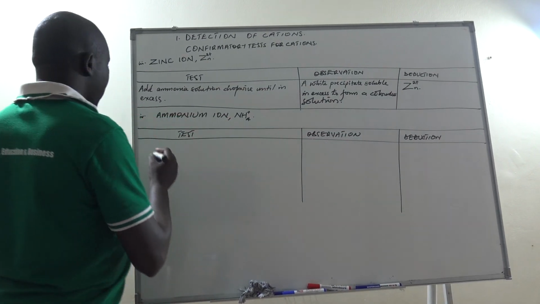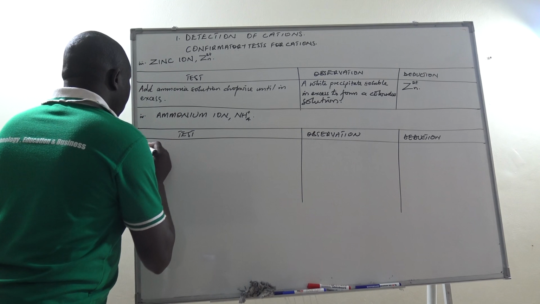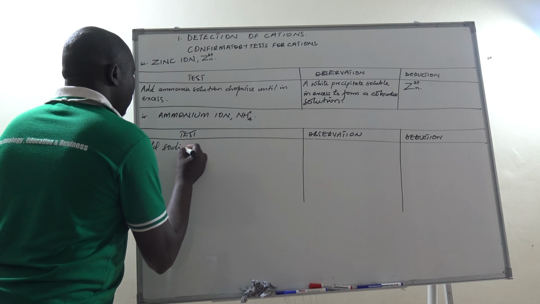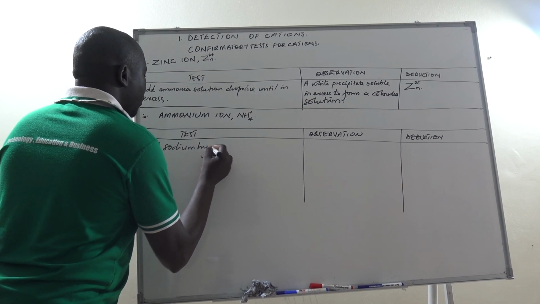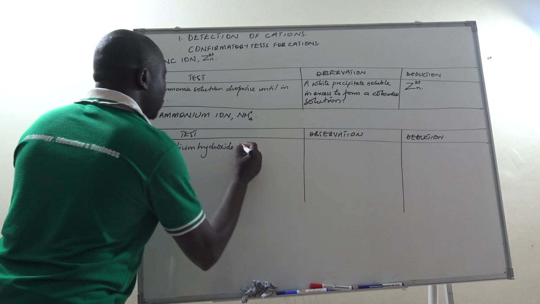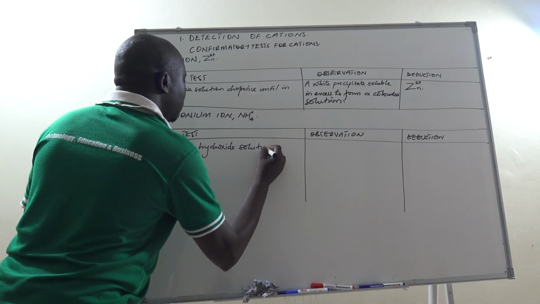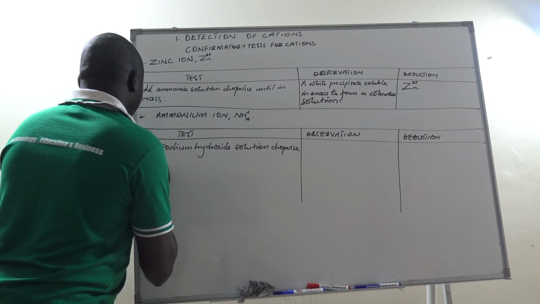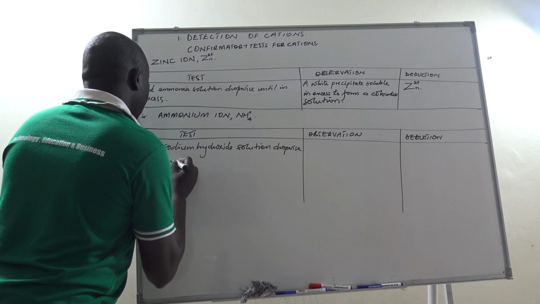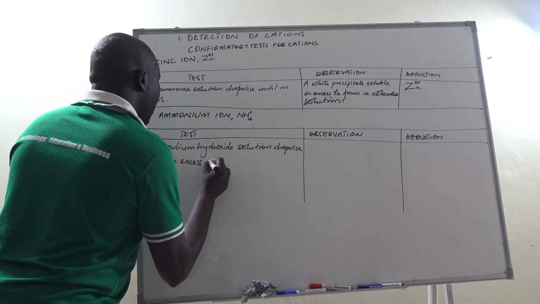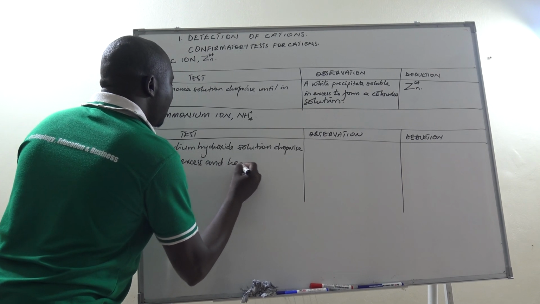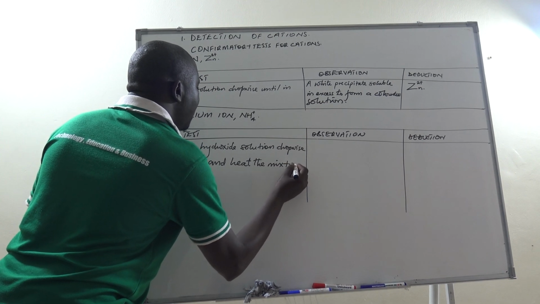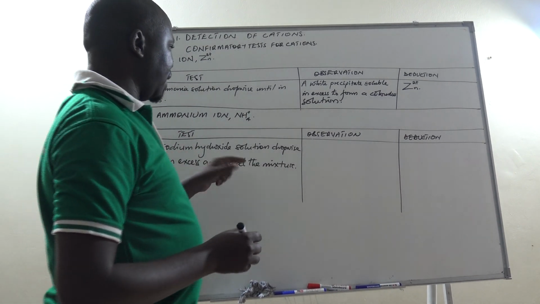So for ammonium ion, we said that we can use sodium hydroxide solution in that we add sodium hydroxide solution dropwise until in excess, and then we heat the mixture. You can say you heat or you heat the mixture.